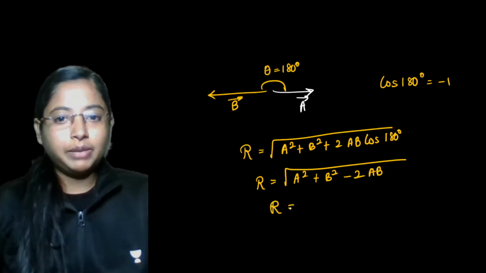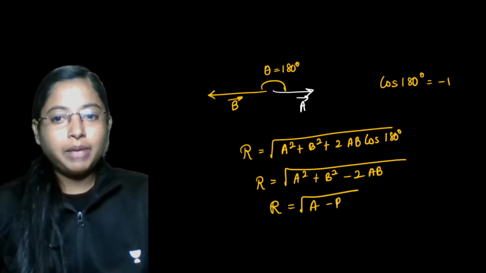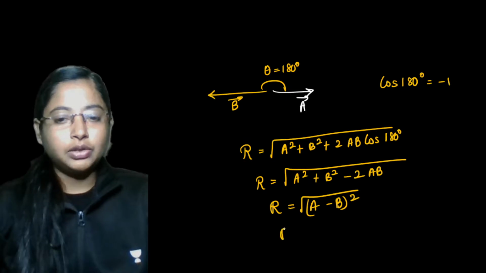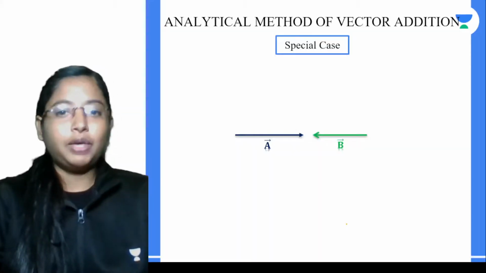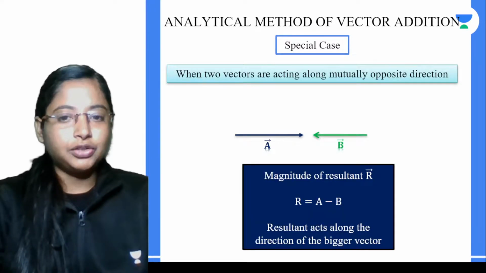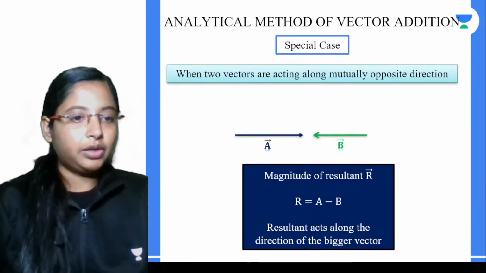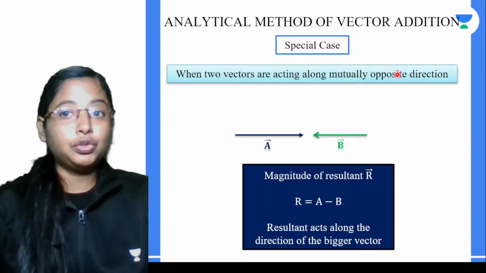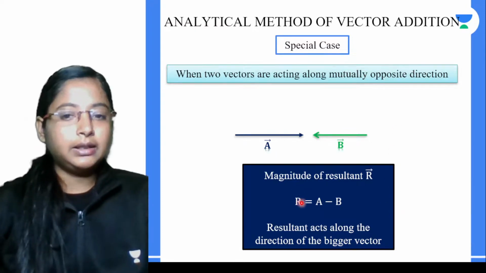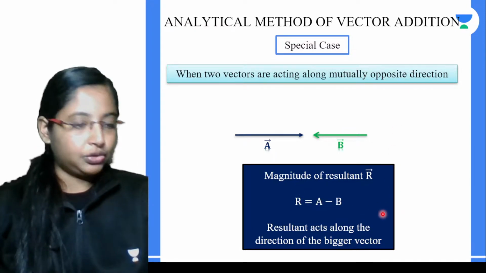So R will be root of (A minus B) the whole square, so R will be A minus B. If we have two vectors going in mutually opposite directions, the resultant will be the difference between these two vectors.